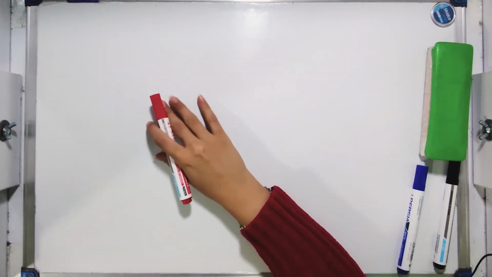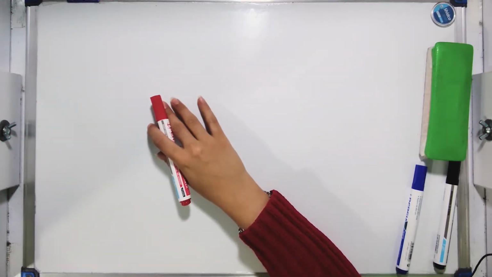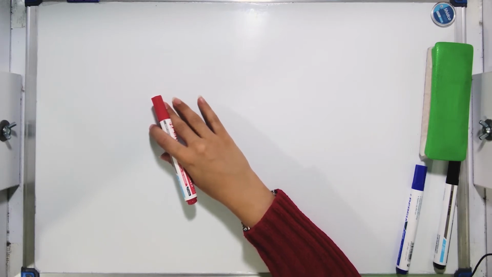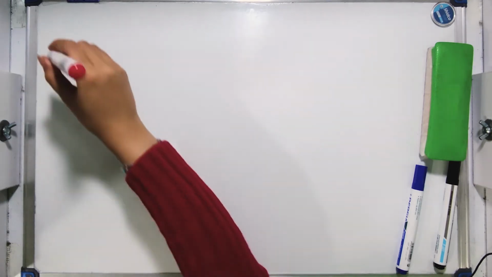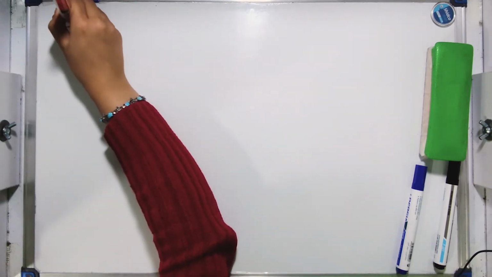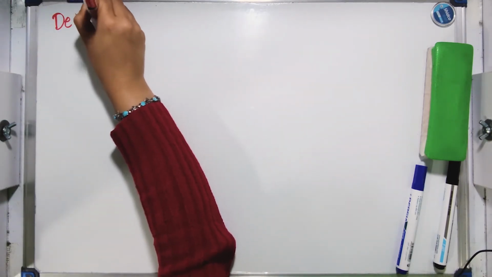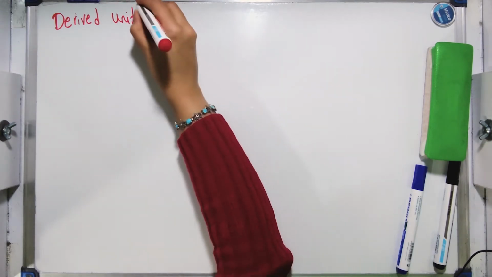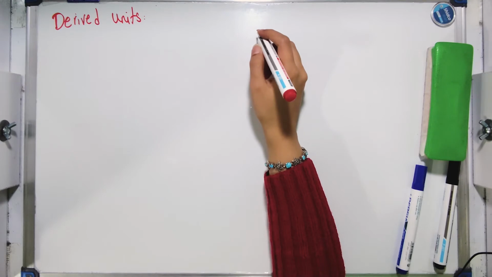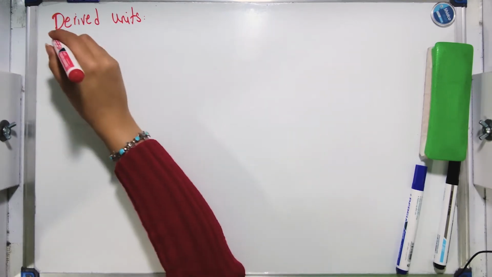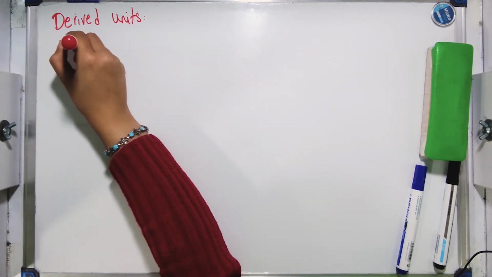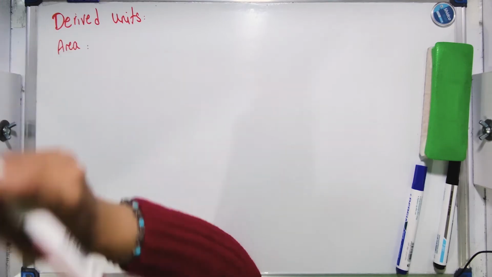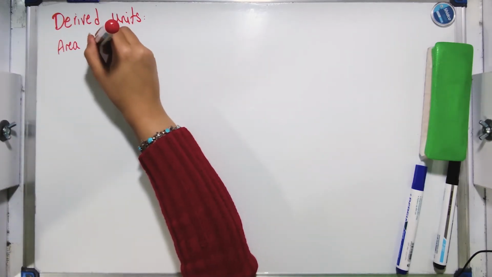Okay, the units that we discussed in the previous part were just simple units. But we also have derived units, and now we're going to convert them. What are derived units? Units like area units, that is like square meter.